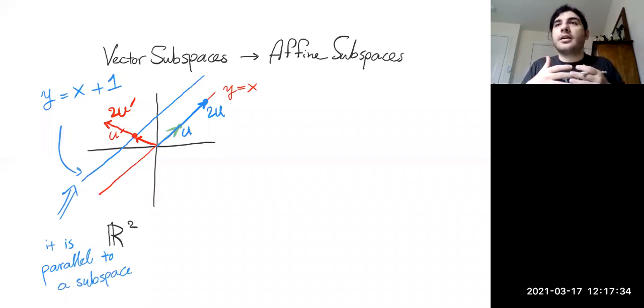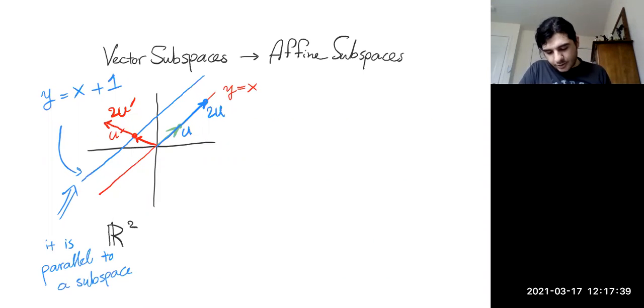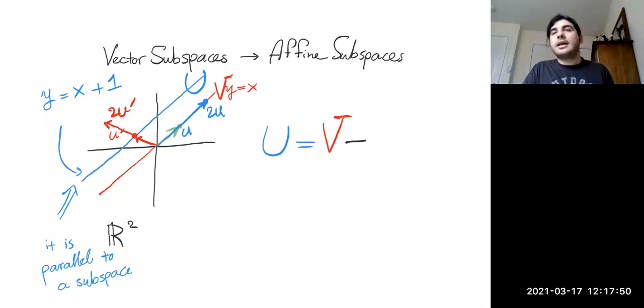These objects are called affine spaces. Maybe I show the red one with V and the blue one with U. The affine spaces are a subspace like V plus a translation. So we have moved that.